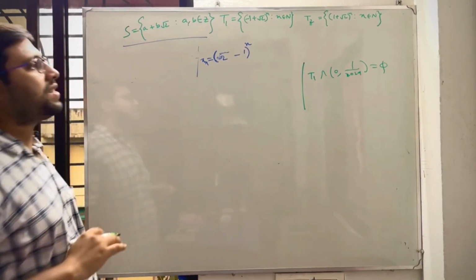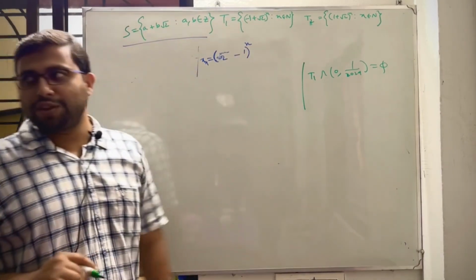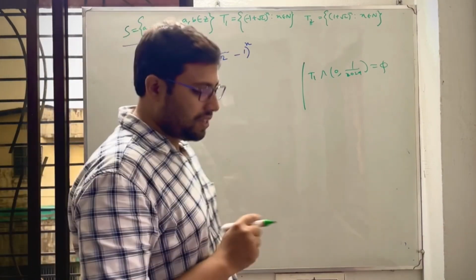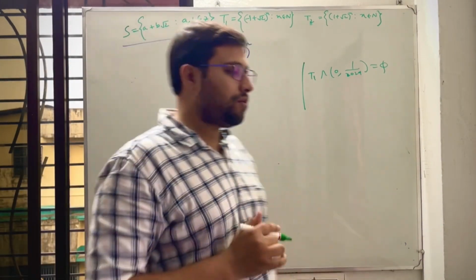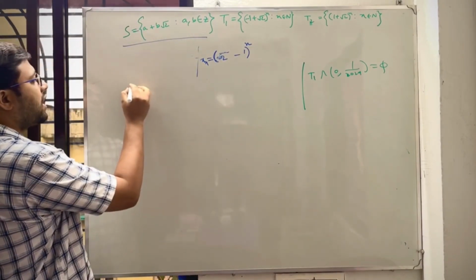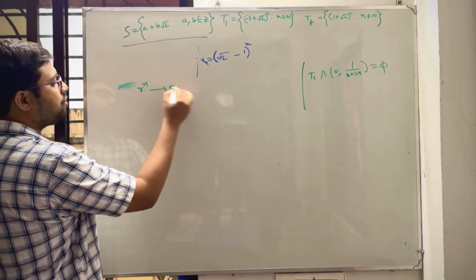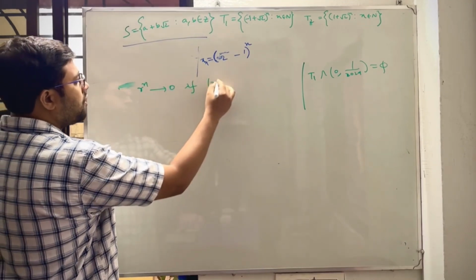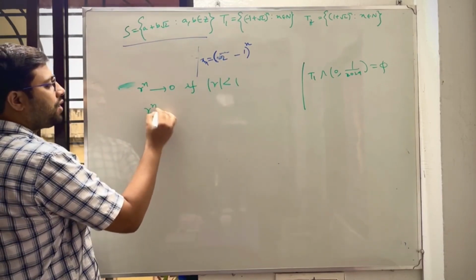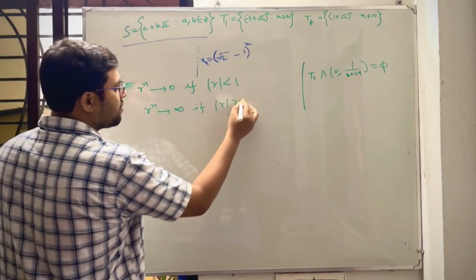The elements of the set T1 form the sequence of this form (root 2 minus 1) to the power n. And from basic theory of progression, we know that a sequence r to the power n converges to 0 if modulus of r is less than 1, and r to the power n diverges if modulus of r is greater than 1.